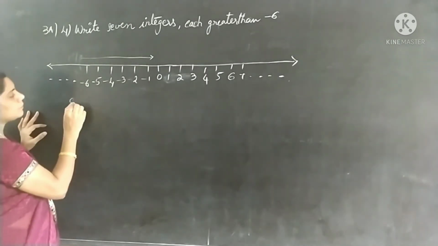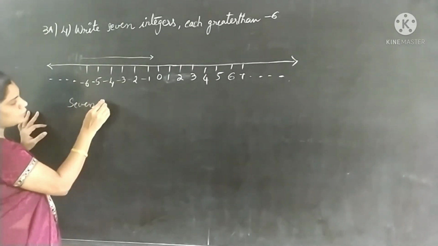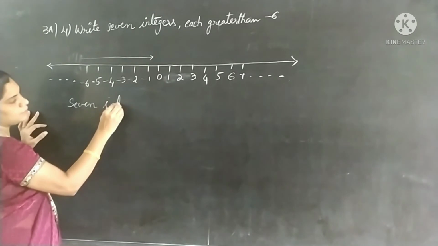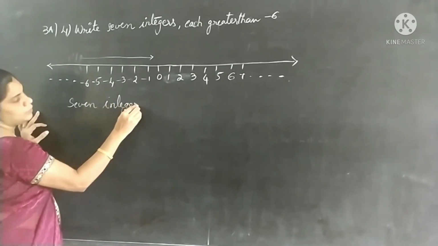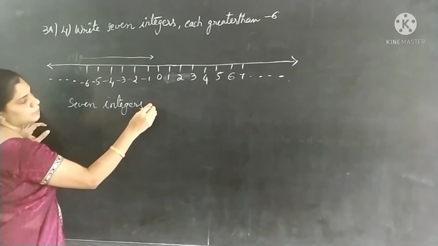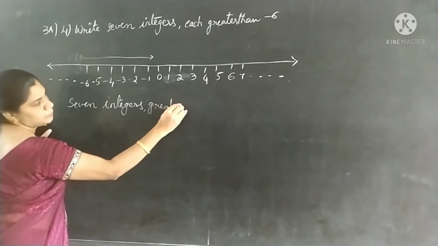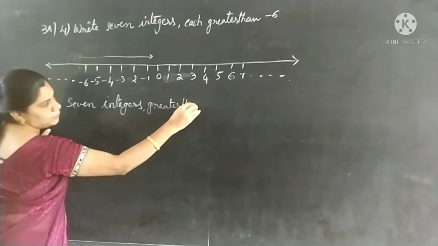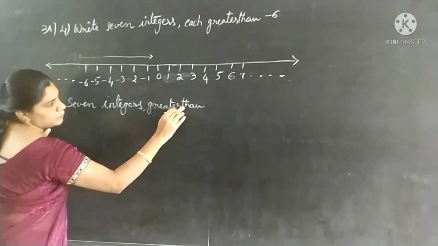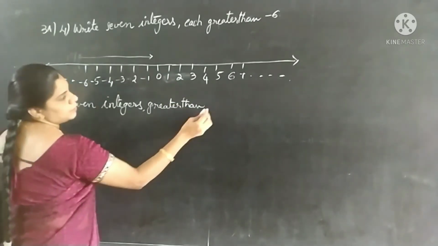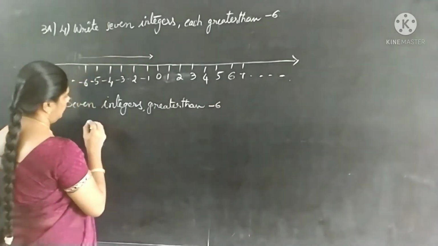So what they have asked is to write 7 integers greater than -6.